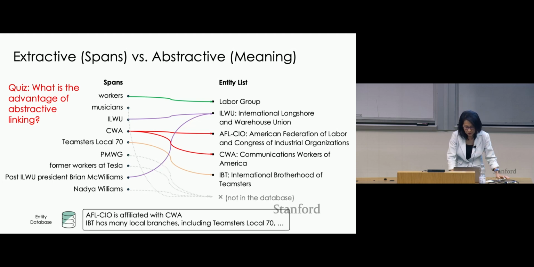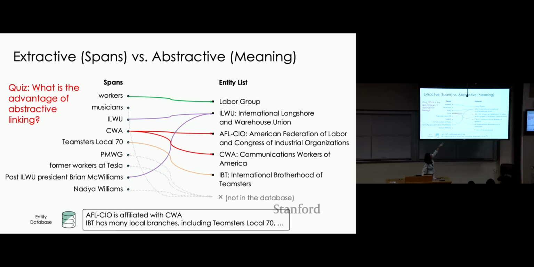An example here is CWA. It's an organization that is mentioned on the entity list, but at the same time, it is affiliated with AFL-CIO. You also want to know that is the case, so that when I am looking at other events that have to do with AFL-CIO, I know to include this one because CWA is affiliated with that organization.